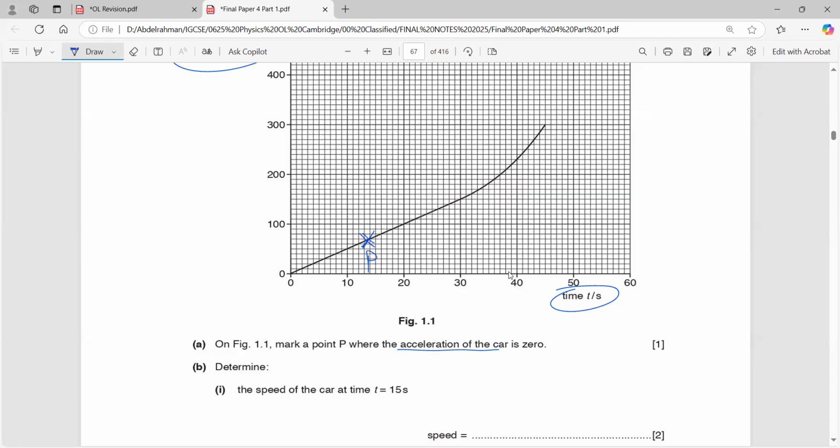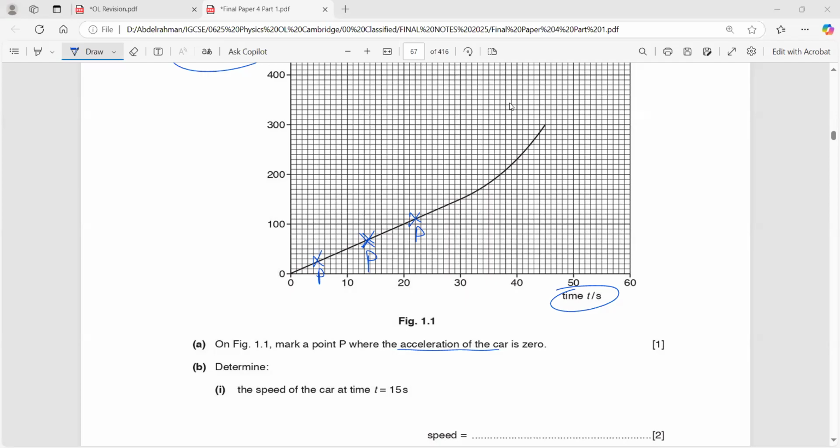Yes. At any point along this line up to almost 30, you can put point P at which the acceleration is 0 or at which the speed is constant.